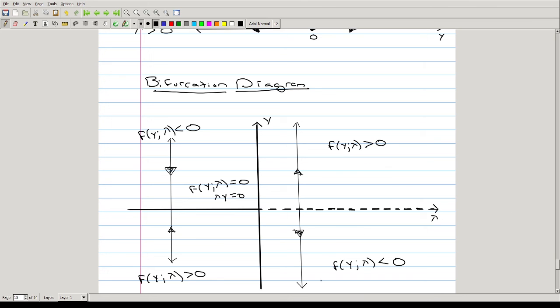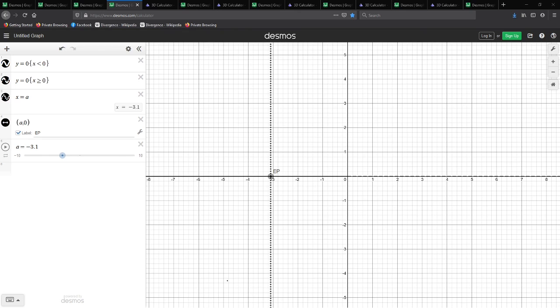And if we go through and plot this out, you can use Desmos and or GeoGebra to get a very nice plot and visualization.